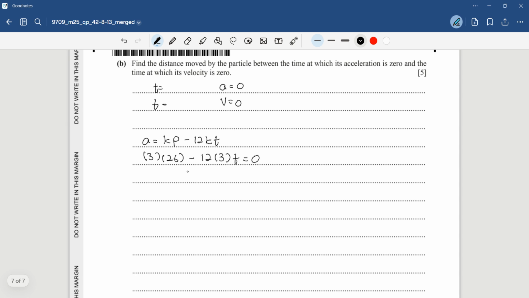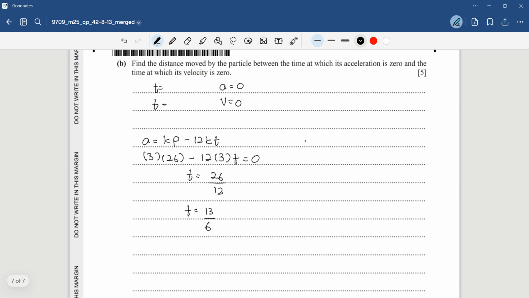So my t will be 26 over 12. Right, because it's spring here. Therefore, t is equivalent to 13 over 6.